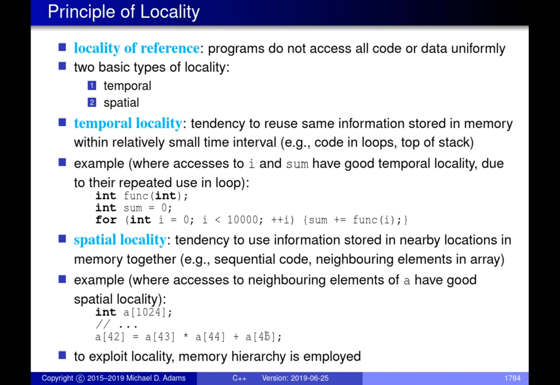This is a very common pattern, especially when you're processing arrays, where you're walking through the array and doing computation on a bunch of elements that are all close together in the array. So this would give you spatial locality.